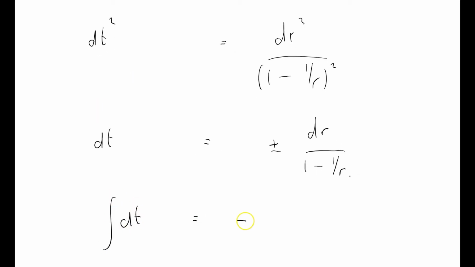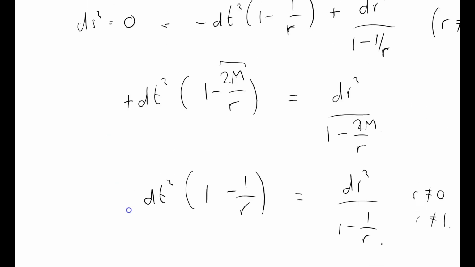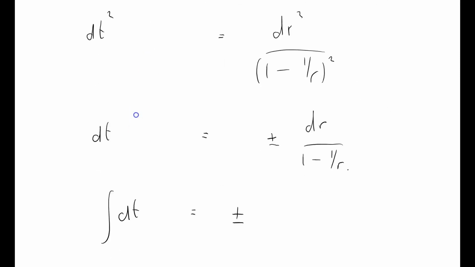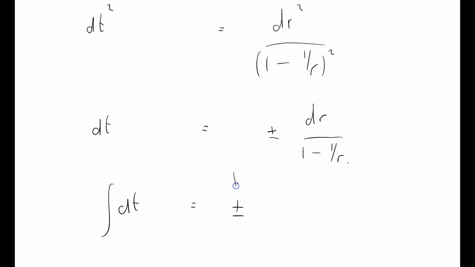Now, of course, the plus and minus correspond to ingoing and outgoing light. When I was looking here, I just specified that ds squared equals 0. That's just a radial null geodesic, so I didn't care whether it was going in or out. But here we'll see that the ingoing and outgoing correspond to the two roots of this equation when I remove the square.